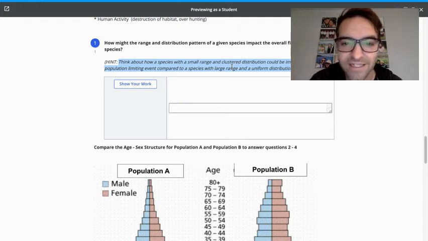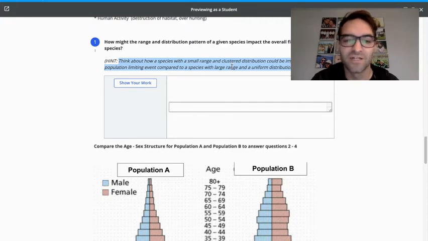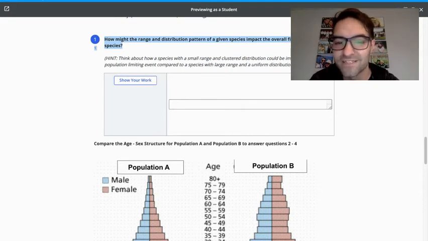You might find it in North America, South America, you might find it in Africa. If they're widely distributed, would a single event wipe them out? Or what would the fitness overall look like? So compare those two and have that discussion about how the overall fitness might be impacted.